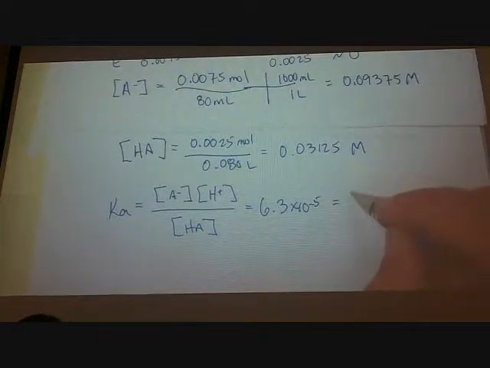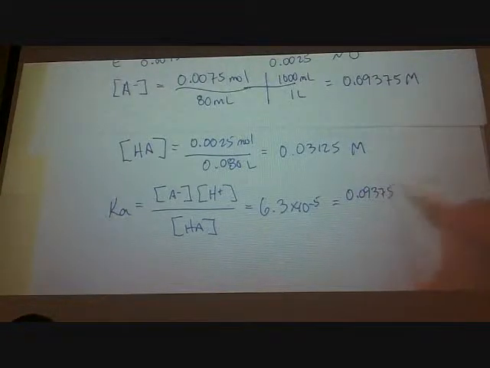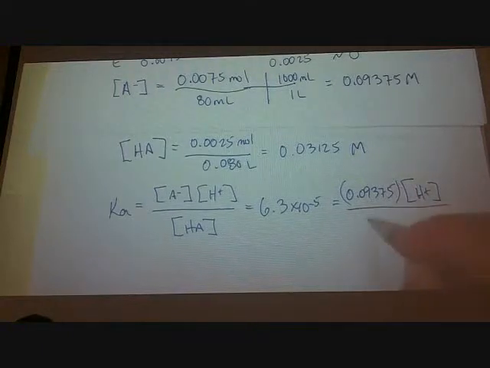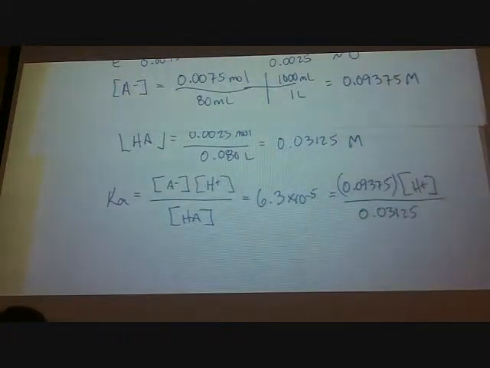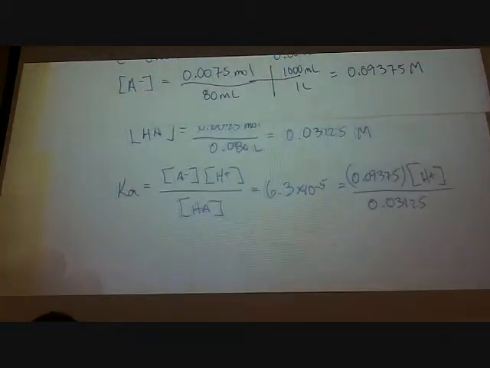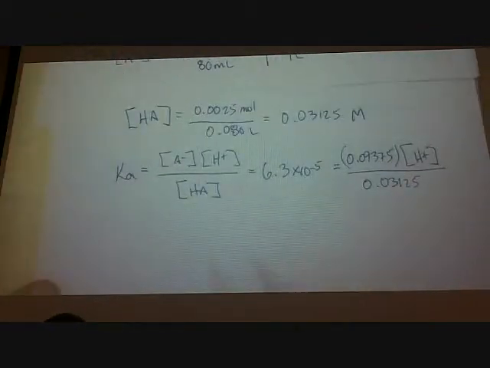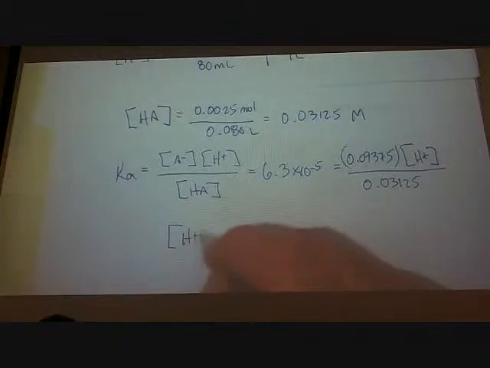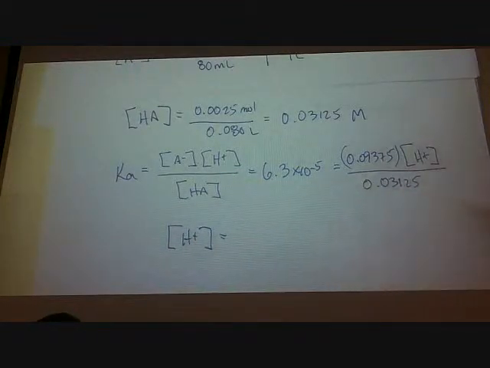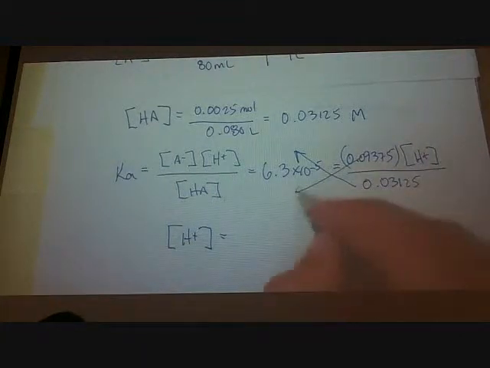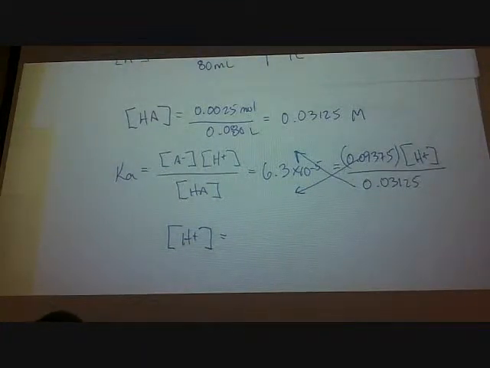So we can plug those in and show that. Okay, and then rearrange. So we can multiply the 0.03125 on both sides, divide the 0.09375 on both sides.